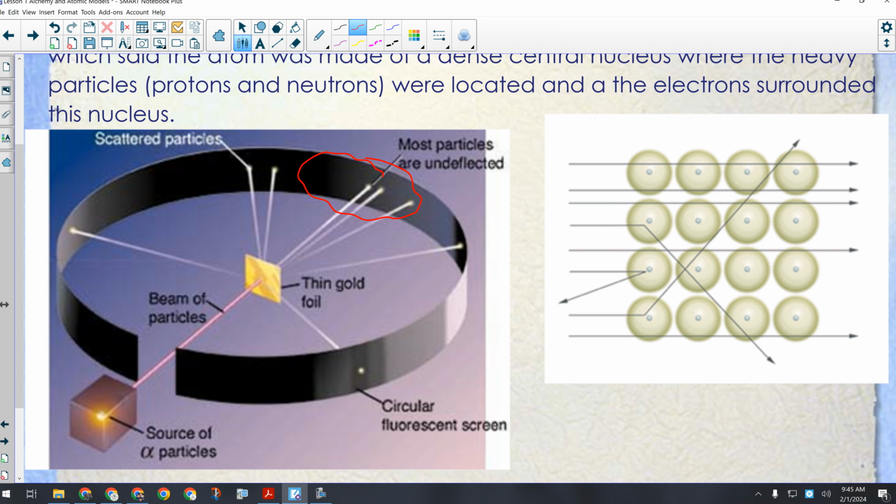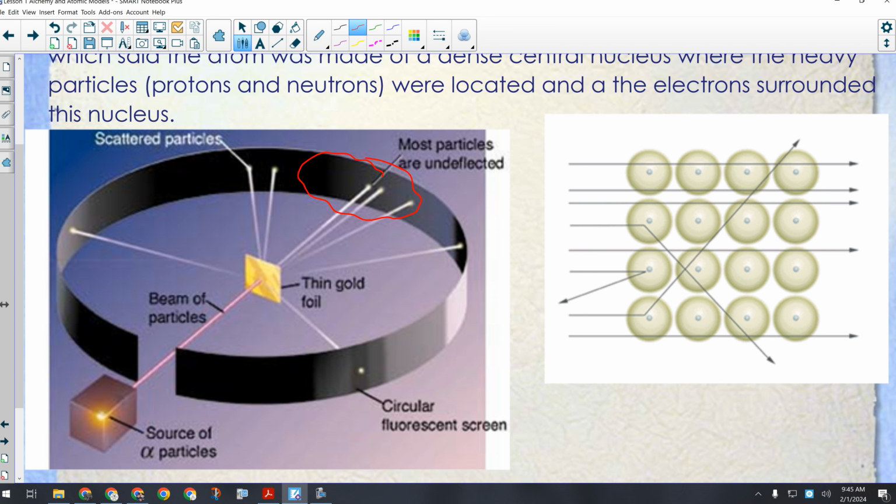Because he thought the atoms and their nuclei were going to be incredibly small, and there were going to be really, really big spaces in between them. Big enough that very few of the X-rays would actually hit an atom and thus be deflected. Is everyone kind of following me there?